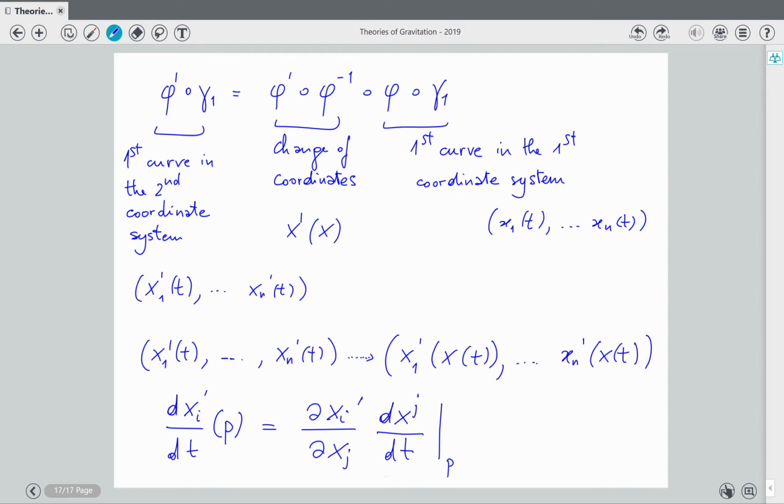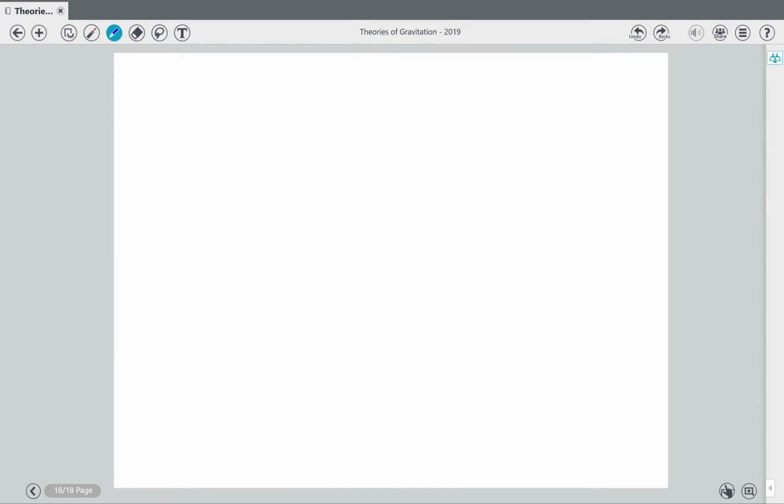So we can repeat everything for gamma 2. And for gamma 2, we have to use y coordinates. We call them y instead of x.